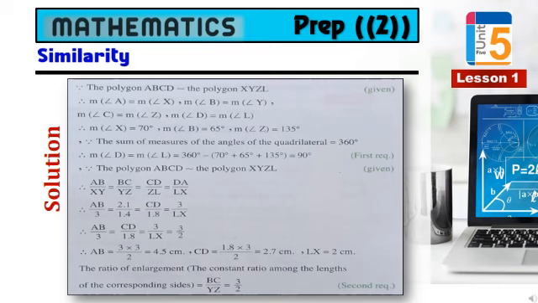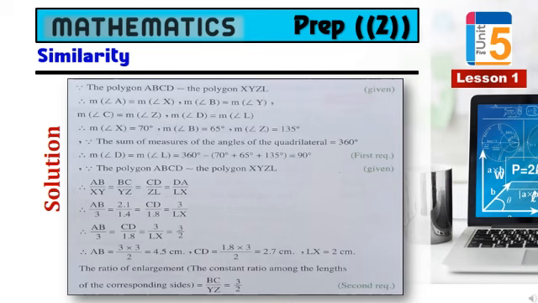Now, by using the property of the proportion, that the product of the extremes equals the product of the means, we can find the unknown sides. Then AB equals 4.5 centimeters and CD equals 2.7 centimeters and LX equals 2 centimeters.